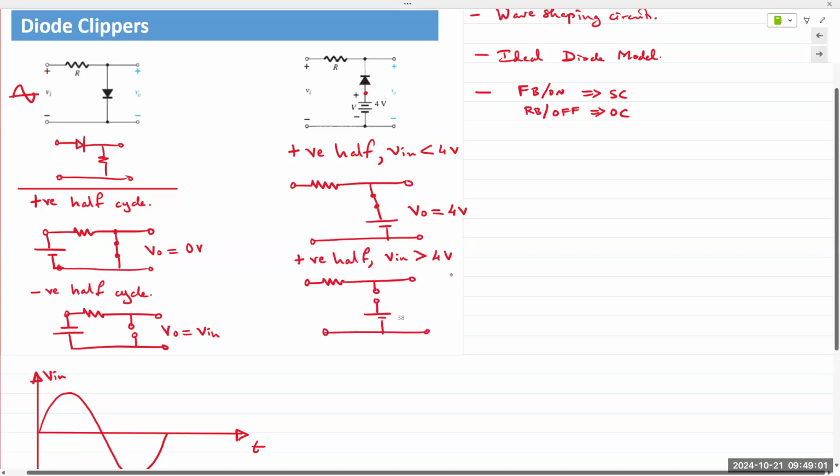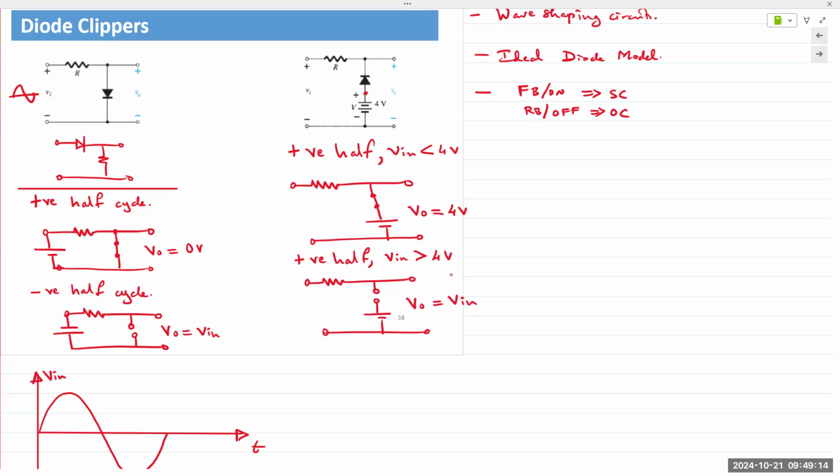The value of the battery does not matter, and V out, or VO, is equal to V in. So far, so good.